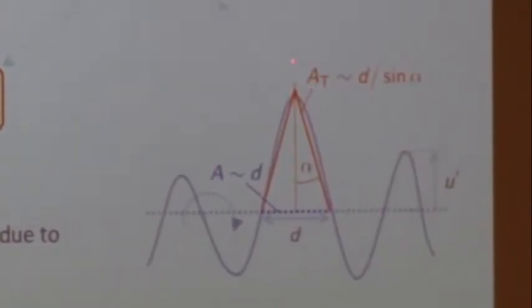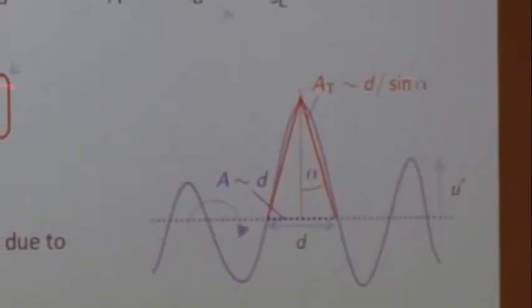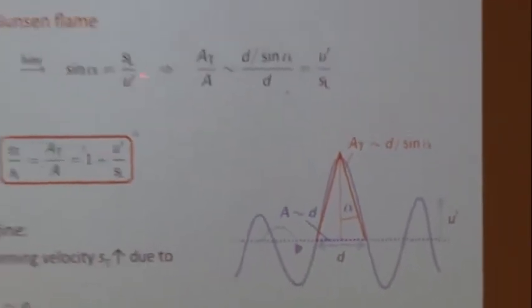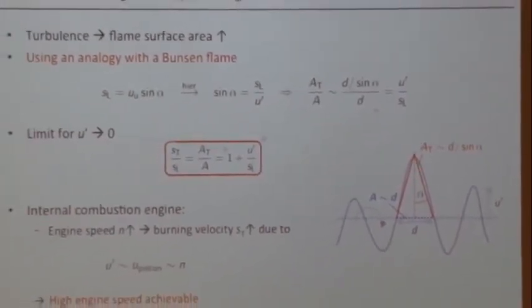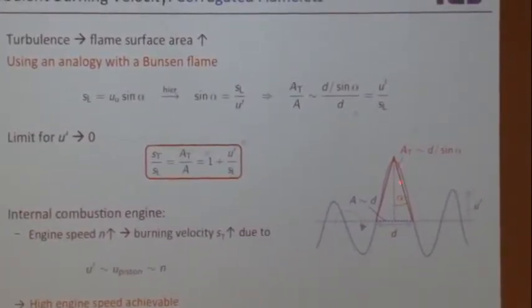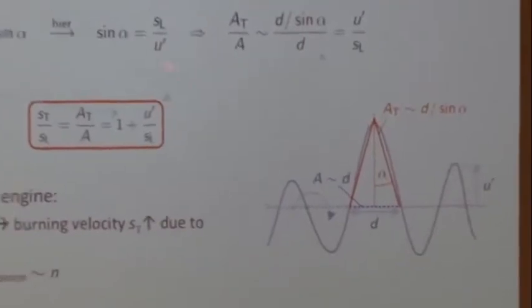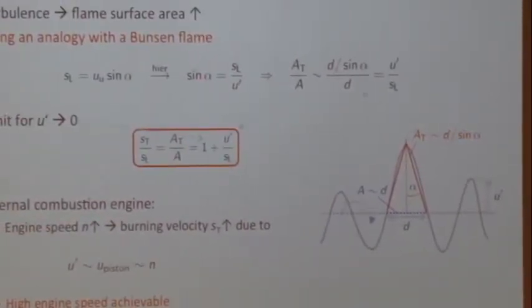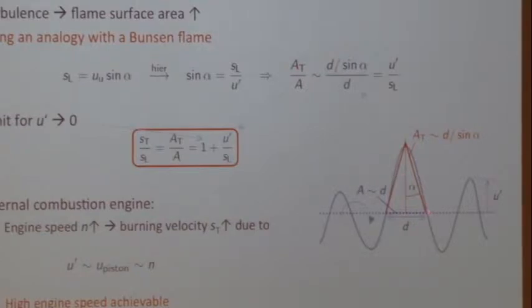We said that in the Bunsen flame, we said SL over U, the incoming velocity, that's equal to the sine of alpha here. And but then sine of alpha at the same time also is this here, this length divided by this, okay?